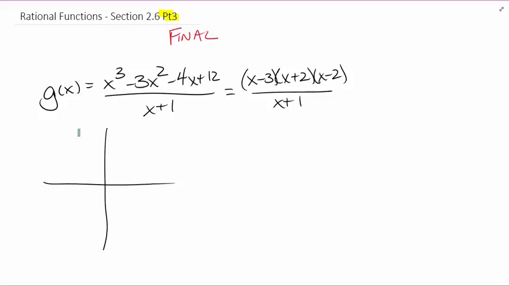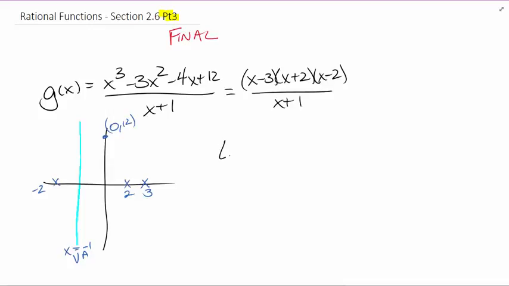That would yield negative 1 as a vertical asymptote, positive 3, positive 2, and negative 2. And so it's x equals negative 1. We had a y-intercept here of 12. And we sketched our graph based on that information.